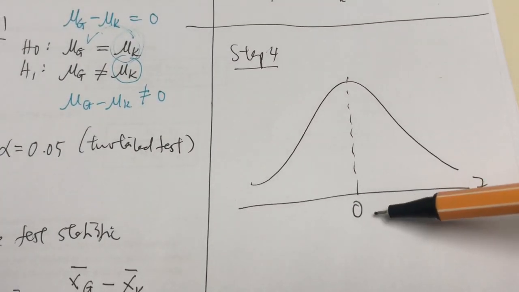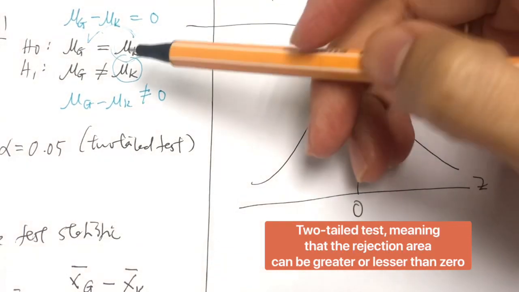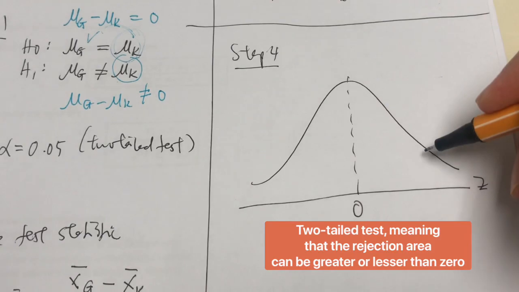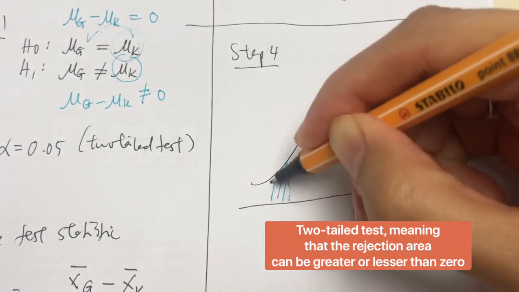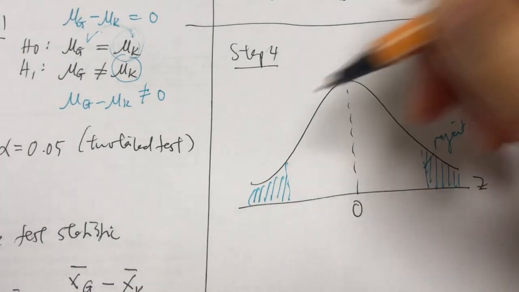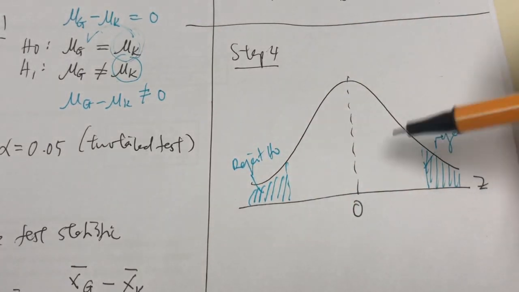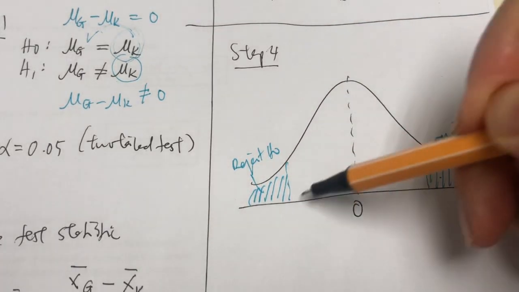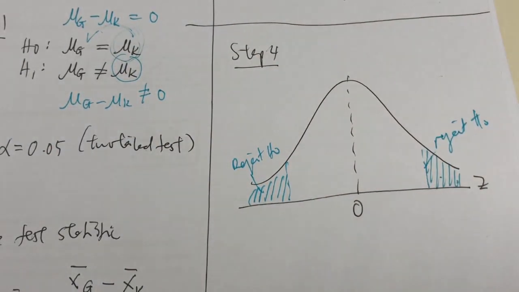Now, we know that this is a two-tailed test, correct? From here is a two-tailed test, meaning we've got 2 rejection areas. So this is where we write reject the null. Here also is where we write reject the null. And since it's a two-tailed test, we've got 2 rejection areas, therefore our alpha is divided into two parts.